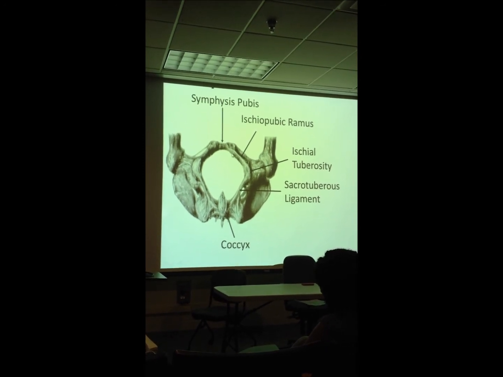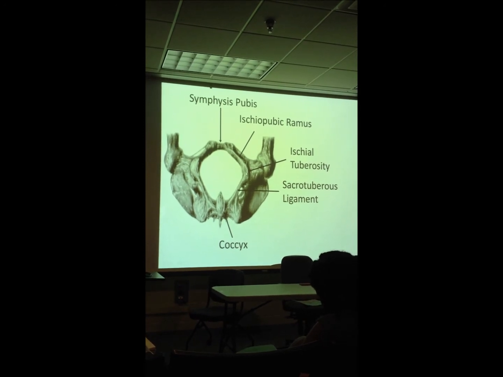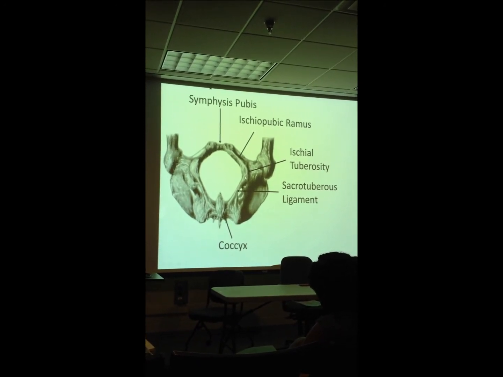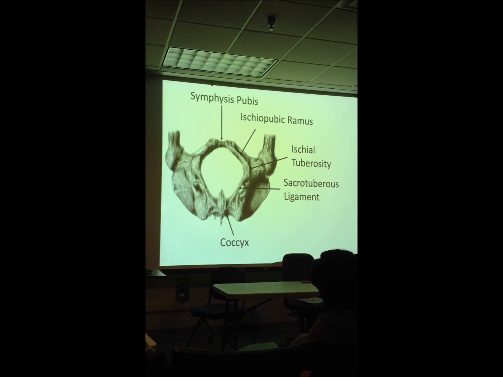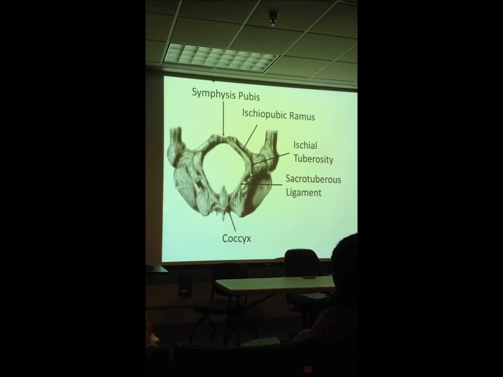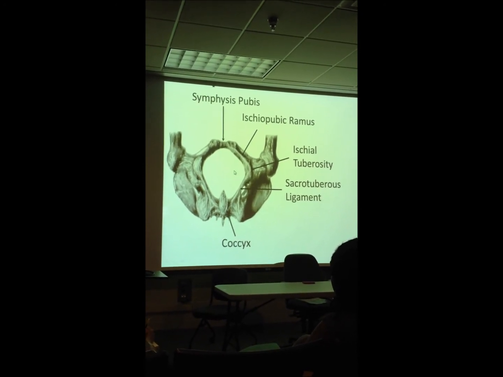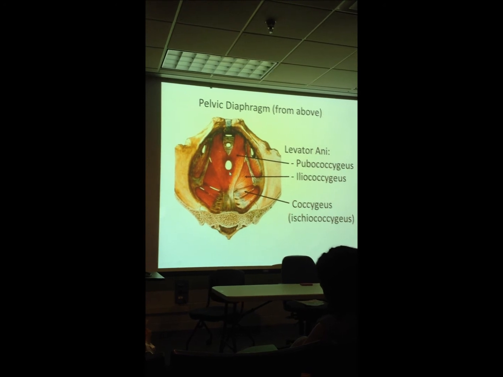And then the ischiopubic ramus goes across here from the pubis to this ischial tuberosity. And the sacrotuberous ligament goes from the sacrum to the ischial tuberosity back here. Thus we get our diamond-shaped perineum.